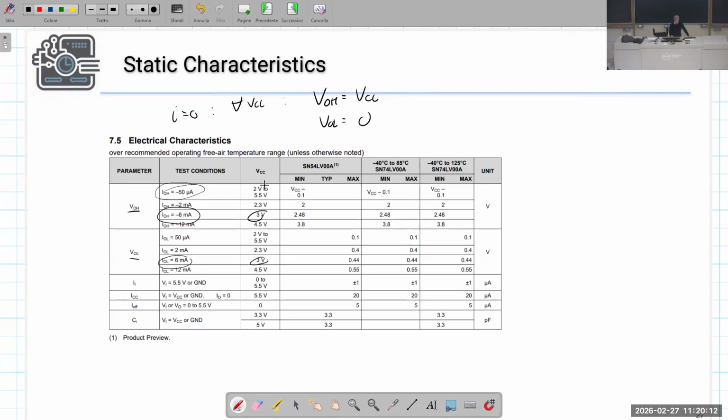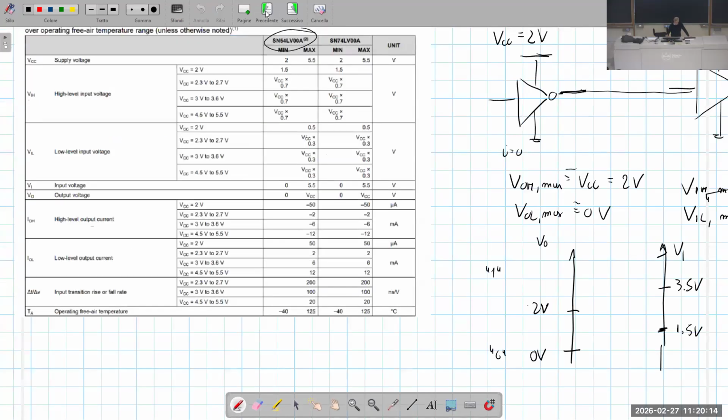If you want to consider this more stringent condition, you can. This is for IO equal to 0. This more stringent condition is for the magnitude of IO smaller than 50 microamps.